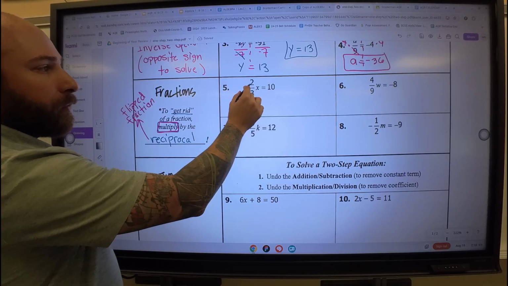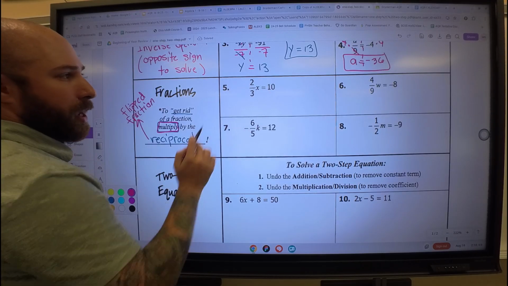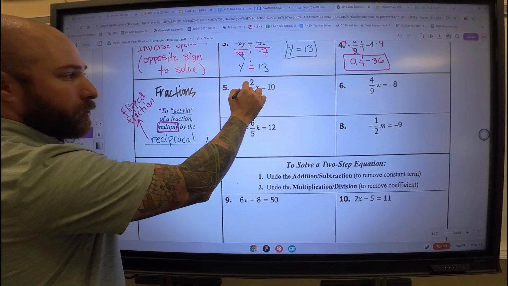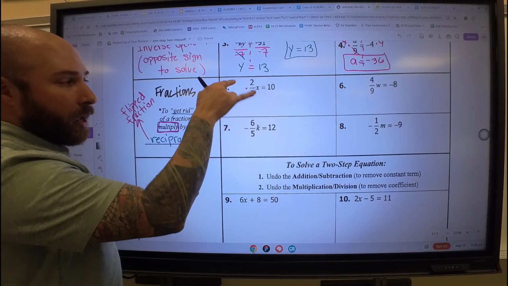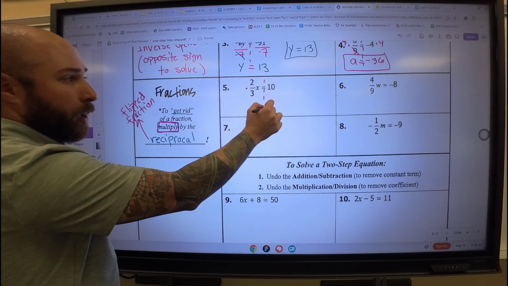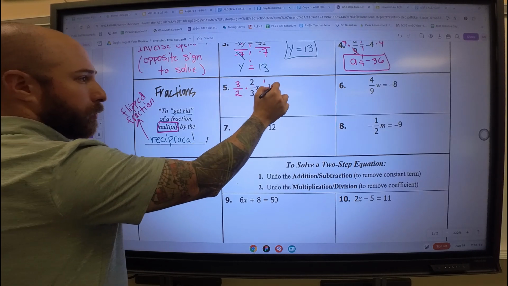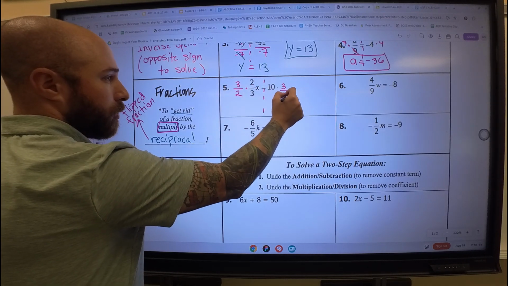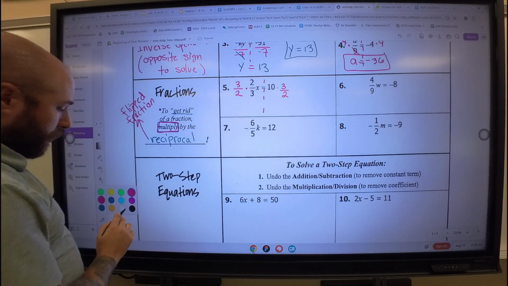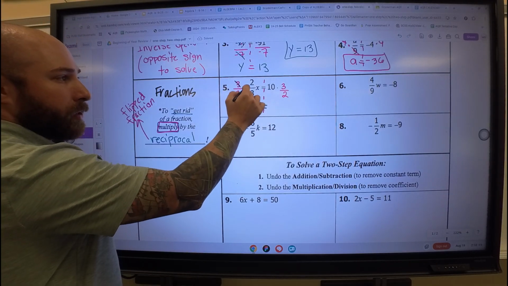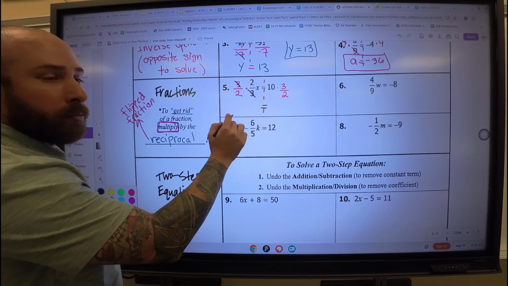So if we take a look at number 5, I have 2/3 times x equals 10. So my fraction is 2/3, so I'm going to multiply both sides of the equation by its reciprocal, 3 over 2. And the reason we do that is now on the left side of the equal sign, the 3's cancel because 3 over 3 is 1.